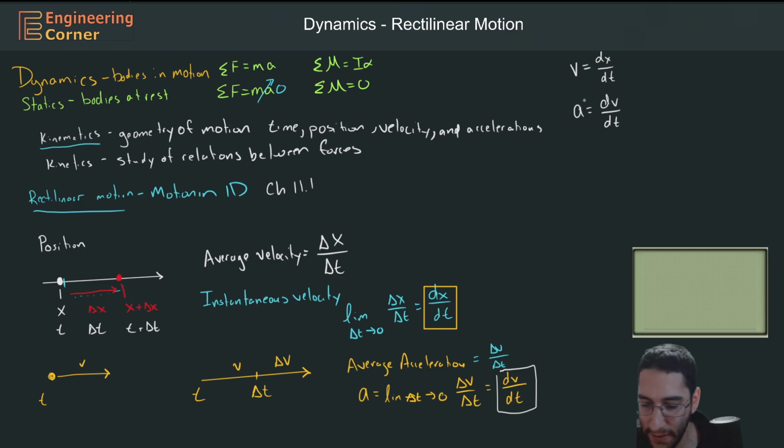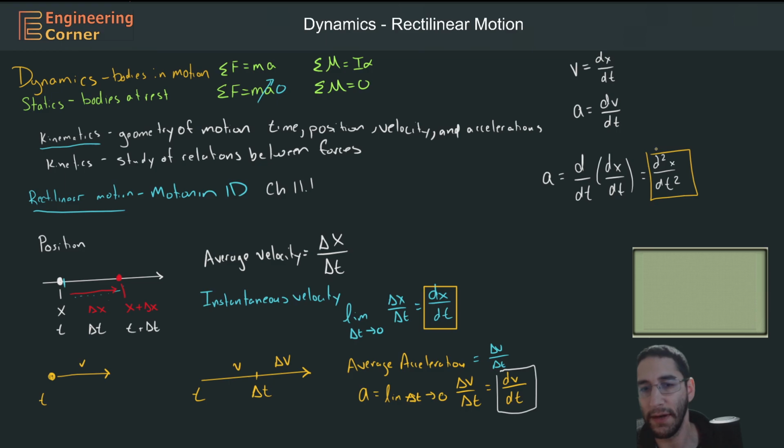If we look at acceleration and our velocity, our acceleration is equal to d/dt, and we can plug in what our velocity is, so that's going to be dx/dt. What we'll get is that this is equal to the second derivative of our position, d squared x over dt squared. That's another equation we have for acceleration. We don't normally use it that often, but it is valid.